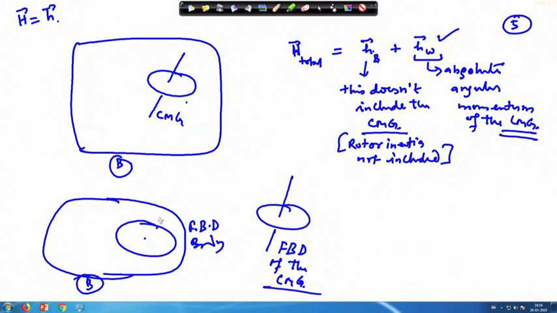Okay, and these two angular momenta we are counting separately. So, this is absolute angular momentum, while in the previous case for the gyrostat, we took the angular momentum of the whole satellite including the CMG, plus with respect to this satellite, this is rotating on the axis. That we included separately, and we wrote it as H w.